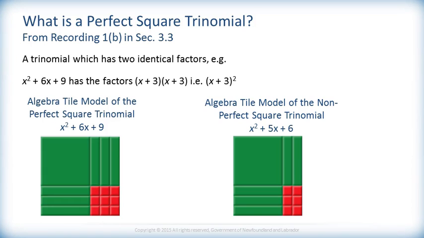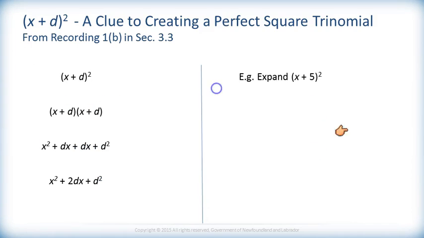A perfect square trinomial is a trinomial which has two identical factors. So for example, x squared plus 6x plus 9 has the factors x plus 3 and x plus 3, which can be written as (x plus 3) squared. Also, when we expand a binomial by squaring it, (x plus d) times (x plus d) in this case, we get x squared plus 2dx plus d squared, which gave us a clue on how to create our own perfect square trinomials.